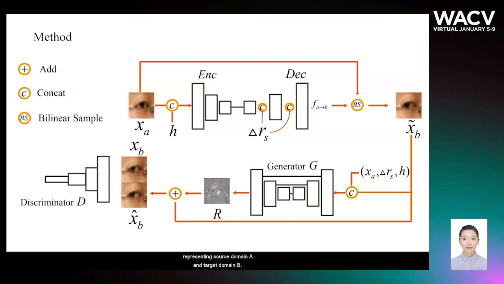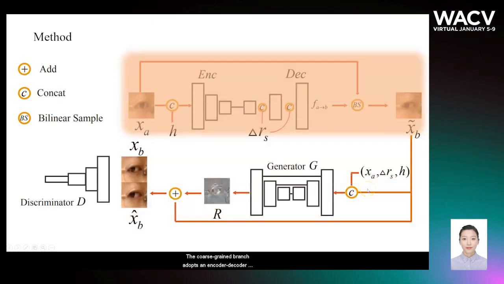The lowercase h represents head pose. The delta R subscript uppercase S represents our numerical and pictorial guidance module, which is referred to as NPG and will be depicted later. The coarse-grained branch adopts an encoder-decoder architecture. Specifically, the encoder takes X subscript O and its corresponding head pose H as inputs. Then, the decoder generates output using both the encoded code and delta R subscript S provided by the NPG module.